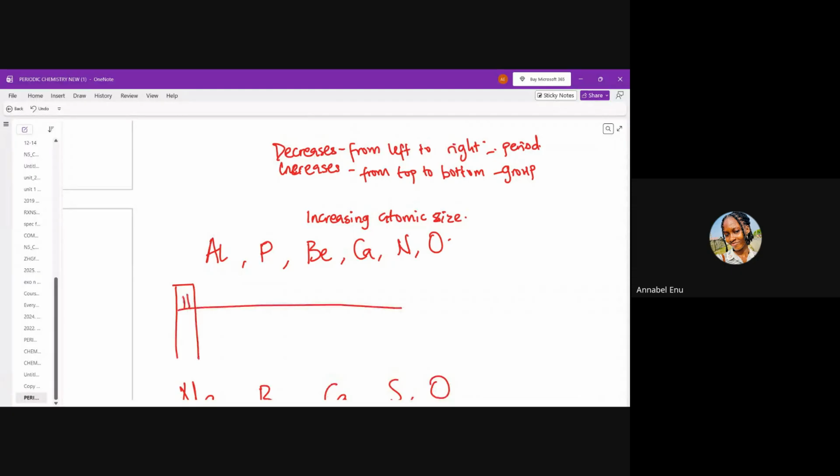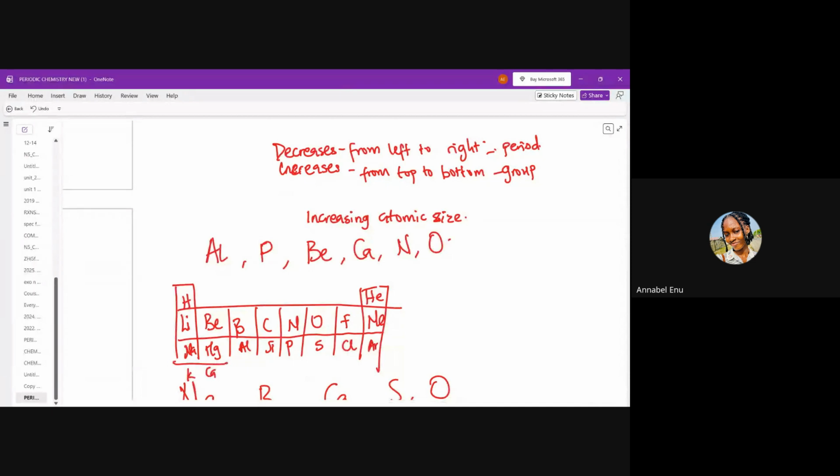We have hydrogen, helium, lithium, beryllium, boron, carbon, nitrogen, oxygen, fluorine, neon, then sodium, magnesium, aluminium, silicon, phosphorus, sulfur, chlorine, argon, potassium, calcium.